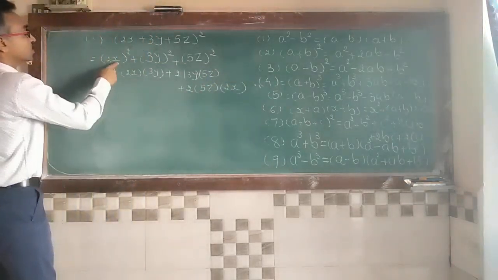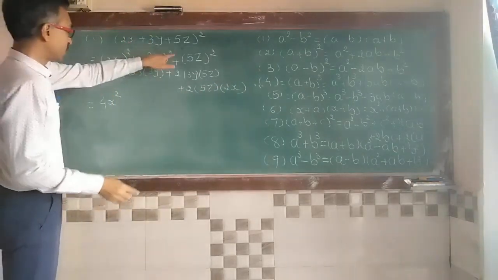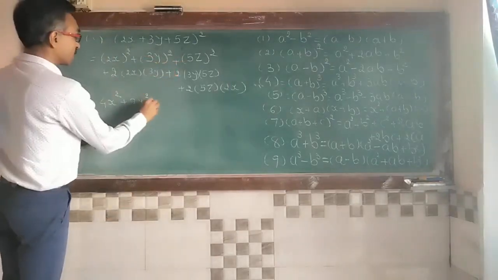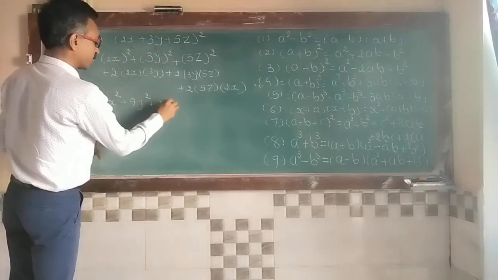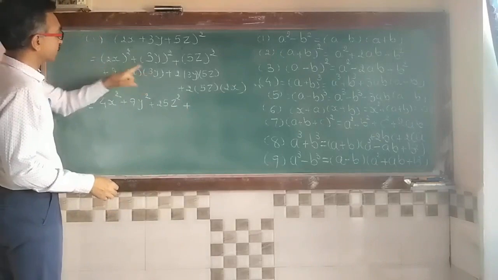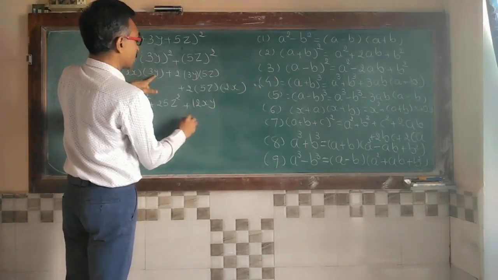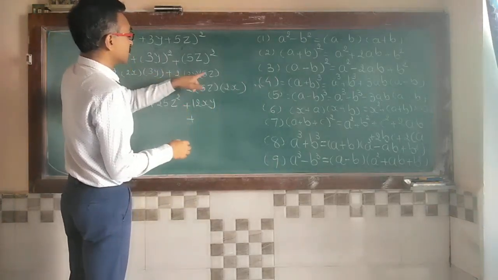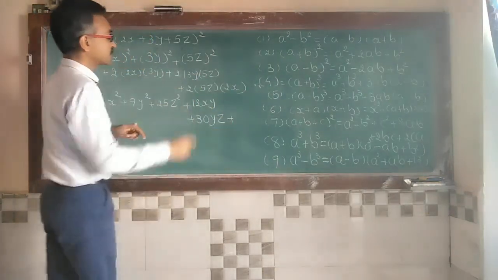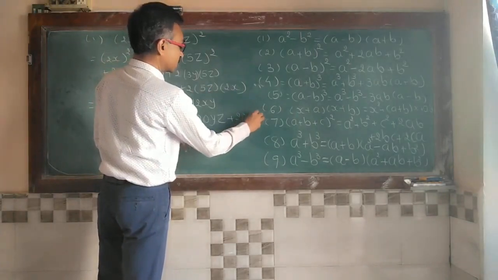So the answer is 2x whole raised to square, that means 4x square, 3y whole raised to square, so it is 9y square, plus 5z squared, that means 25z square, plus 2 4s are 8, 8 3s are 24, hmm, 2 into 2 into 3, that is 12xy, plus 2 3s are 6, 6 5s are 30yz, and plus 2 5s are 10, 10 2s are 20xz.